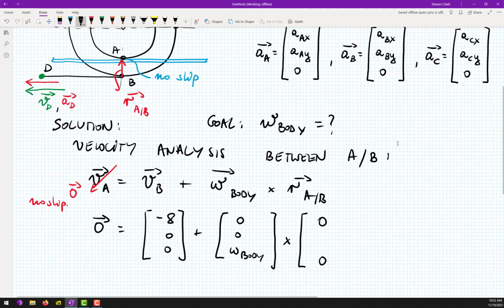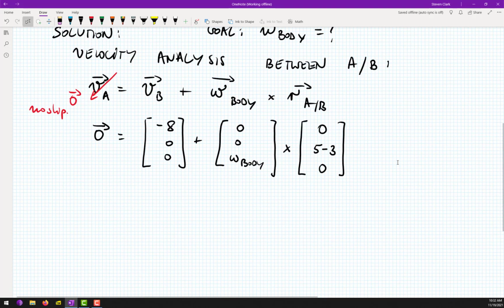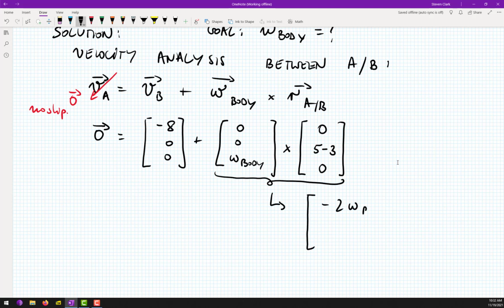This will be 5 minus 3. Let's do this determinant. Let's not do it, you know how to do it. So the answer will be minus 2 omega body, 0, 0. Okay, so we ended up with minus 8 minus 2 omega body, 0, 0.